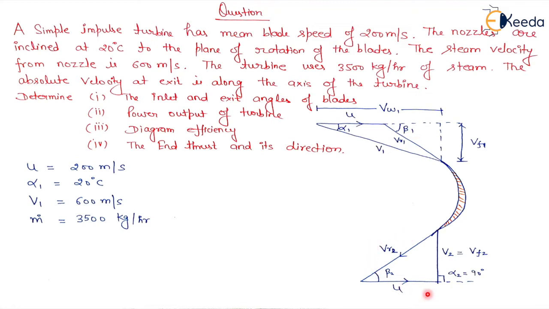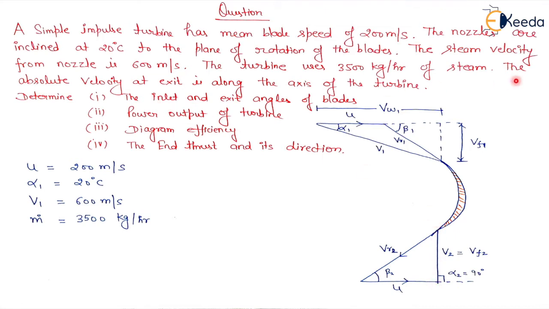Now you see in this case, it is given that the absolute velocity at the exit is along the axis of the turbine. In my previous video, I have told that the axis of the turbine is like this. So the absolute velocity is exiting from the steam turbine perpendicularly.